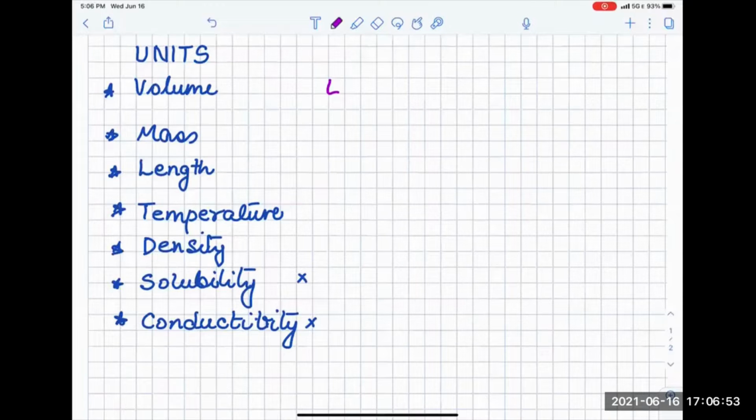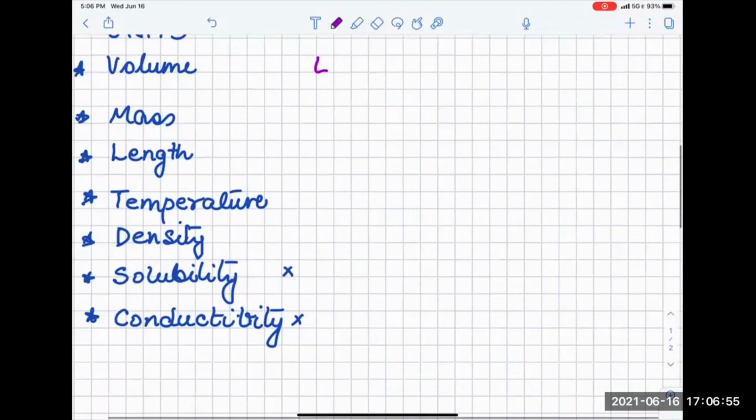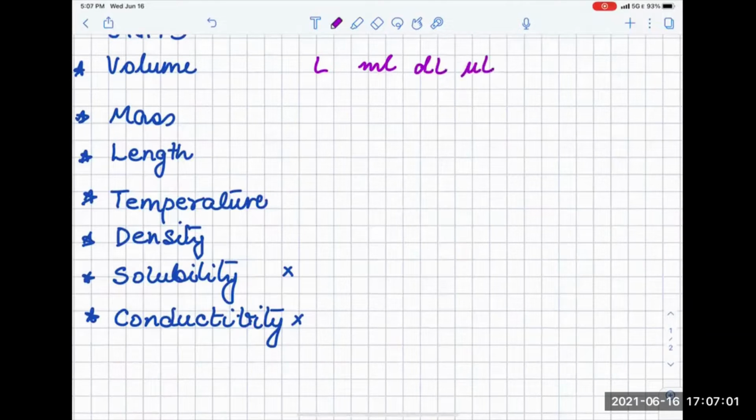All right. So volume: liters, milliliters, right? Deciliters, microliters, right? And then what are the other units? With milliliters you see milli, deci, micro. These are small units. What big unit do you know? Gallons. Gallons, very good.